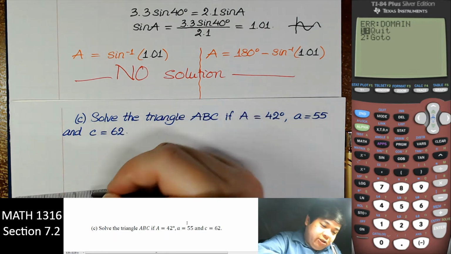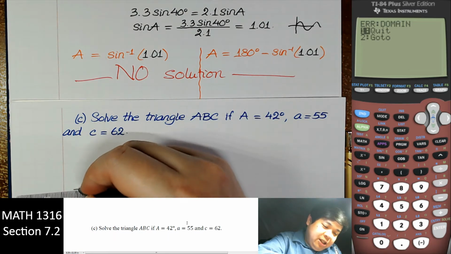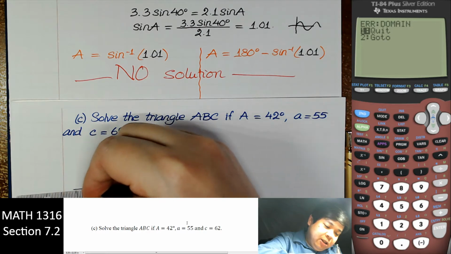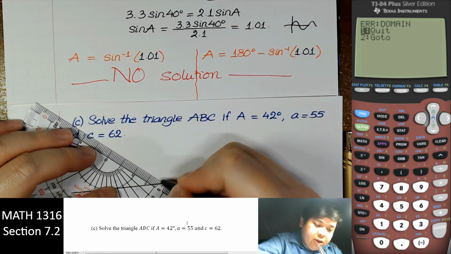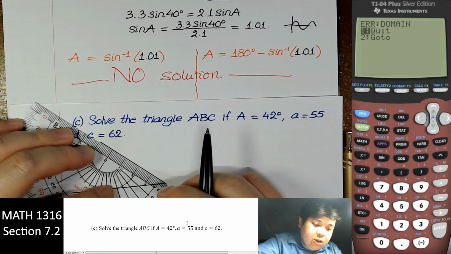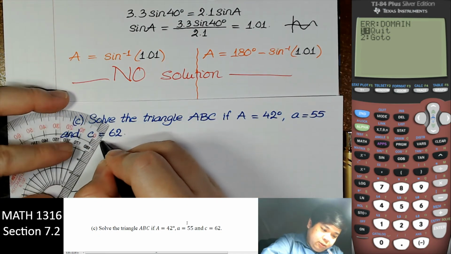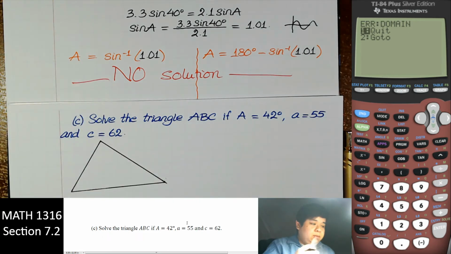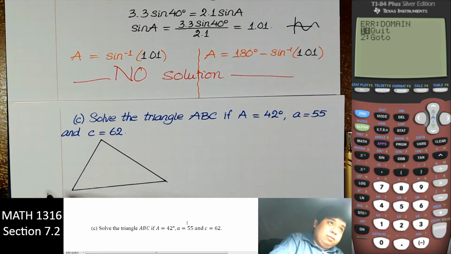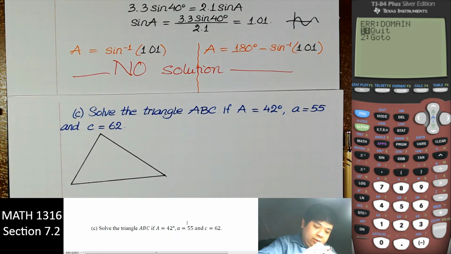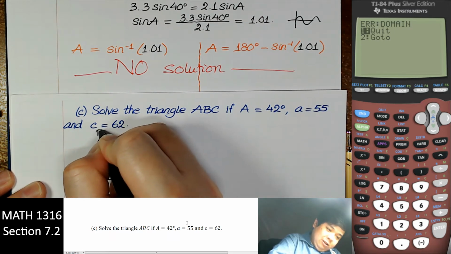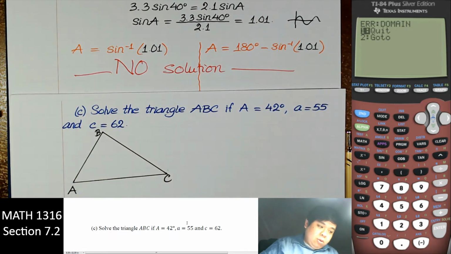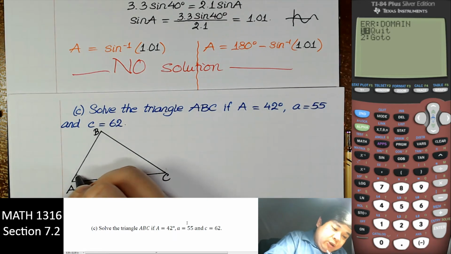Let's draw a triangle. Angle A is 42 degrees.